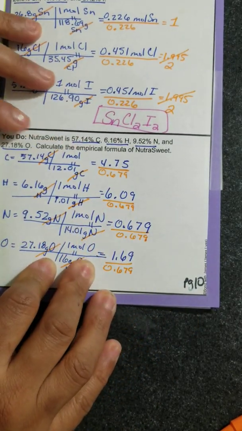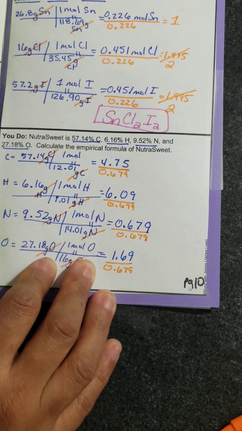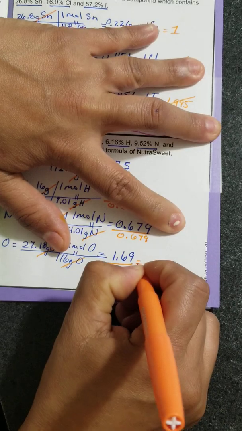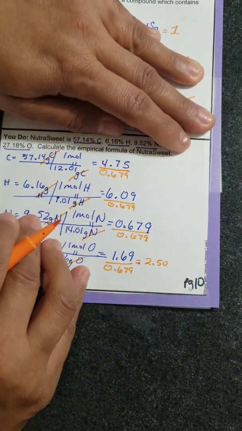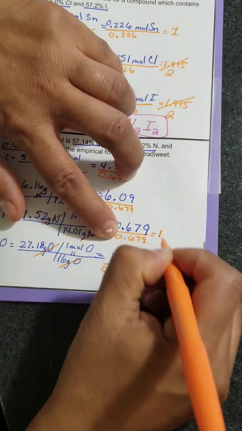So 1.69 divided by 0.679 comes out to an answer of 2.5. The next one, that number divided by itself equals 1.